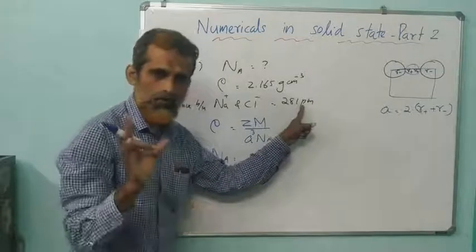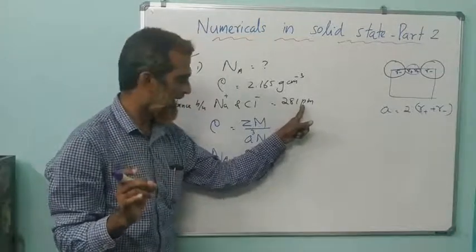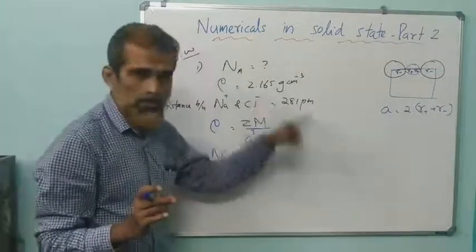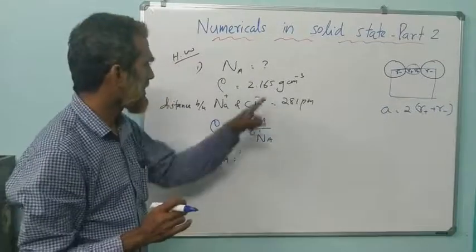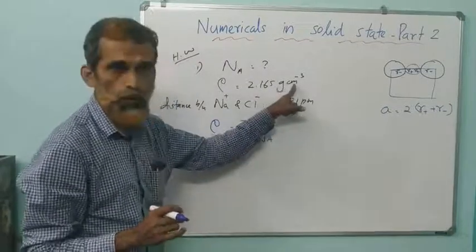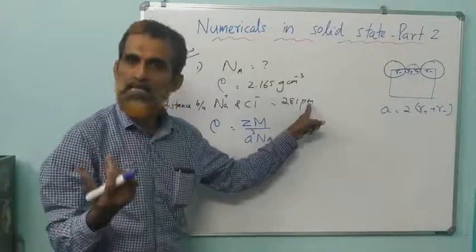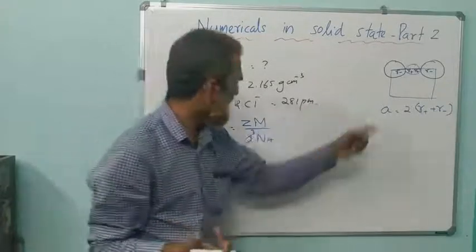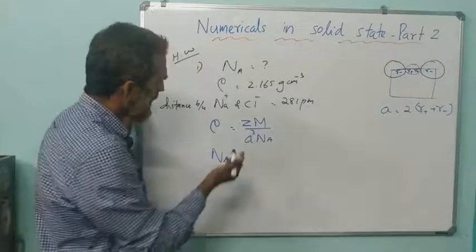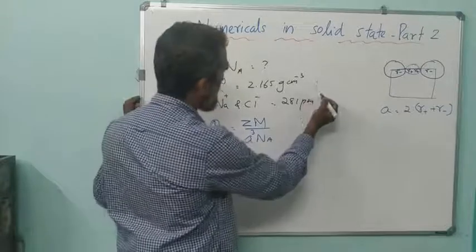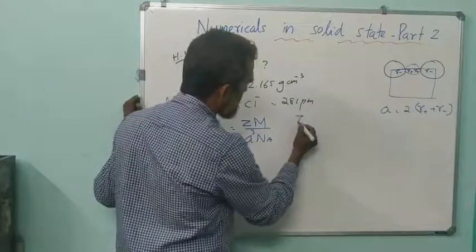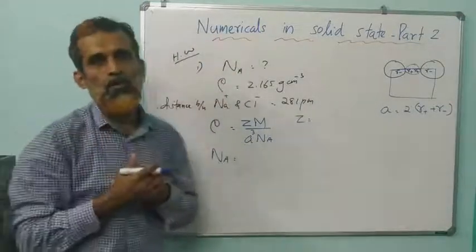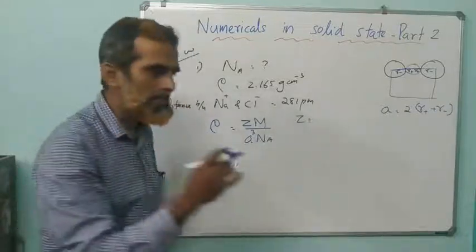Picometer, the unit you have to take care of. The unit should be similar so that it gets cancelled. Here the density is in gram per centimeter cube, so you may change this into centimeter, and that will get cancelled in the equation. Z, what about the Z value? For sodium chloride, what is the effective number of formula units in the unit cell?